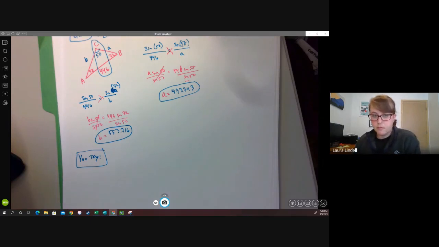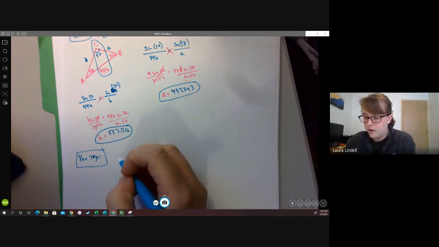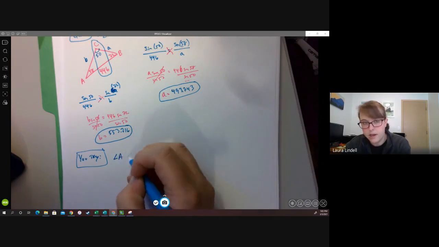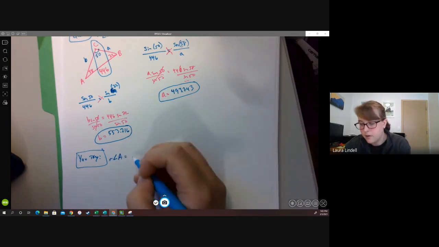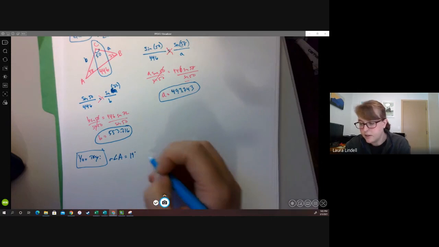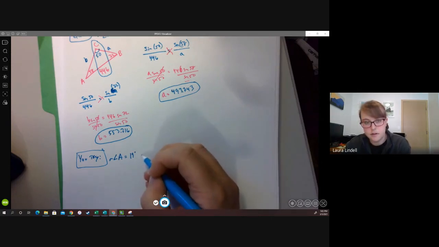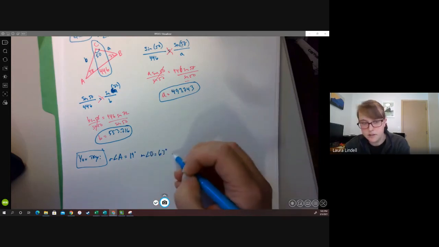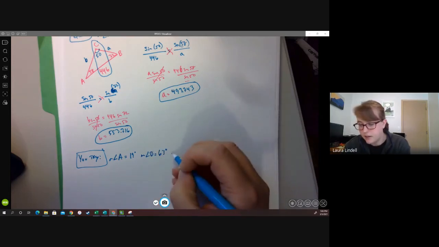This time, we're going to have for triangle ABC, angle A is 19 degrees. Measure of angle B is 63 degrees. And our side length A is 5.